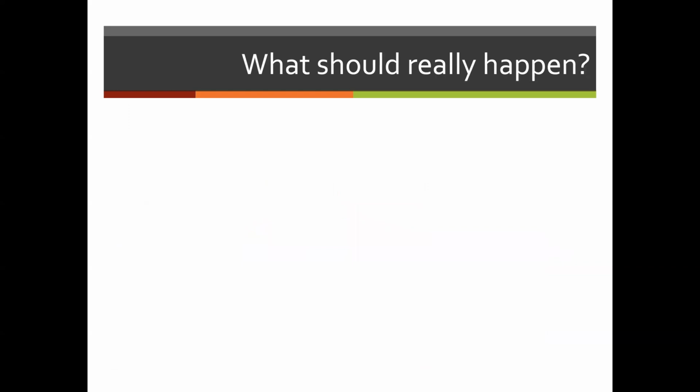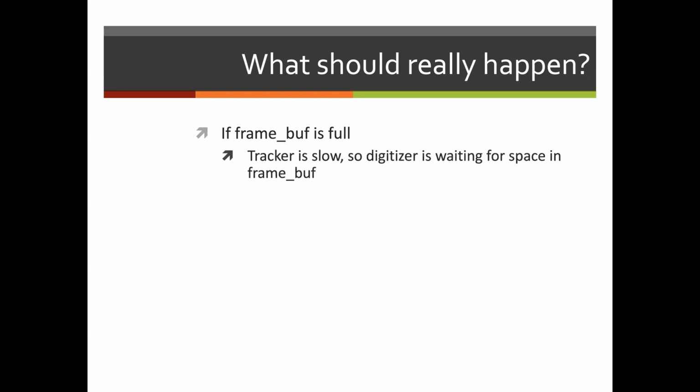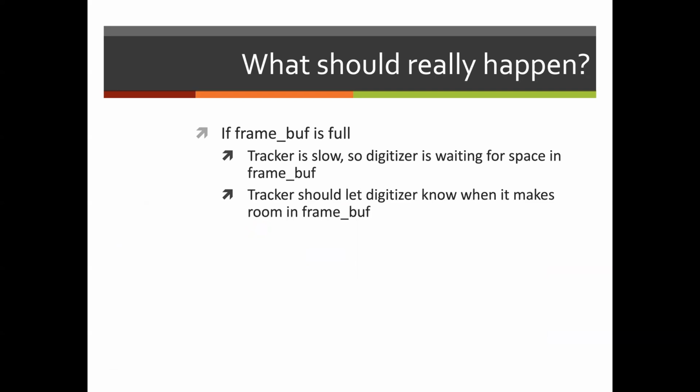So let's consider what we really want to happen. We want to consider that if frame buff is full, then that means the tracker is slow. So the slow digitizer is waiting for space in frame buff. The tracker should let the digitizer know when it makes room in frame buff.